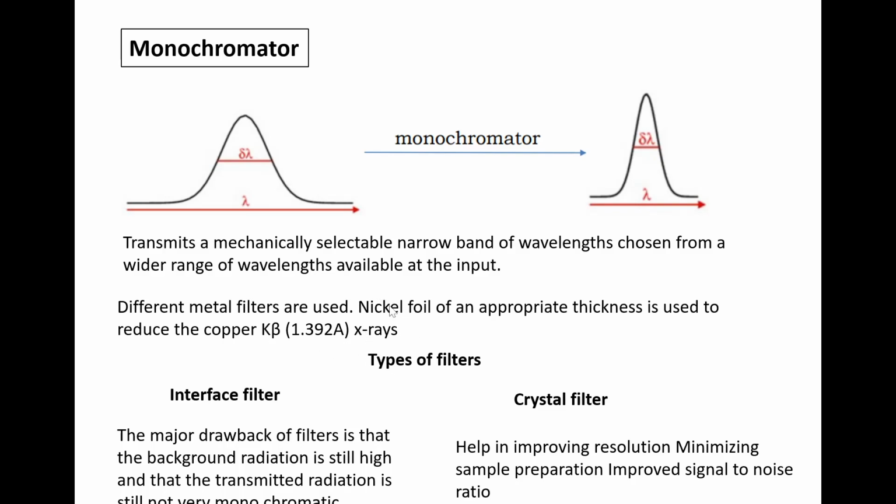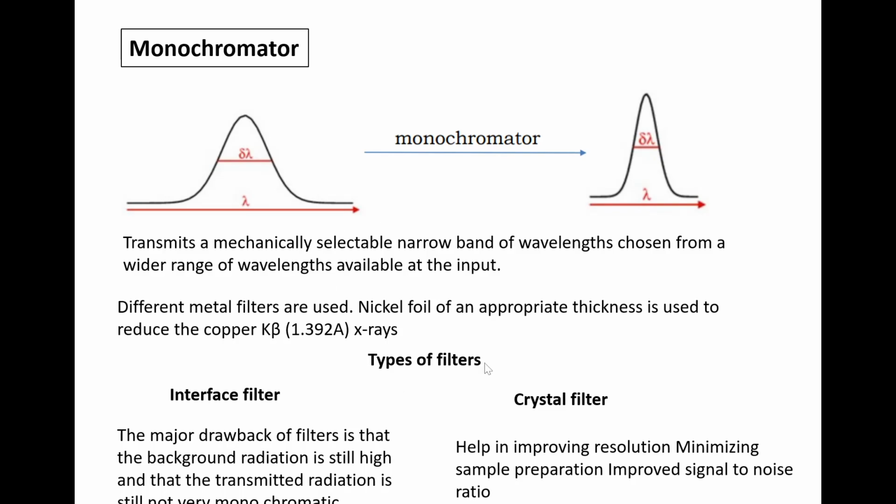This is very important for one of your assignment questions I have seen. The question asks what is used to reduce the K beta wavelength in X-ray generation. That will be nickel. We will discuss the week 4 assignment today, where you will find that this question was asked.